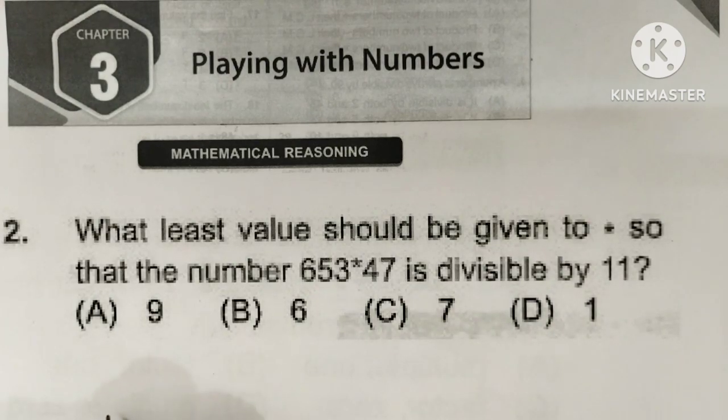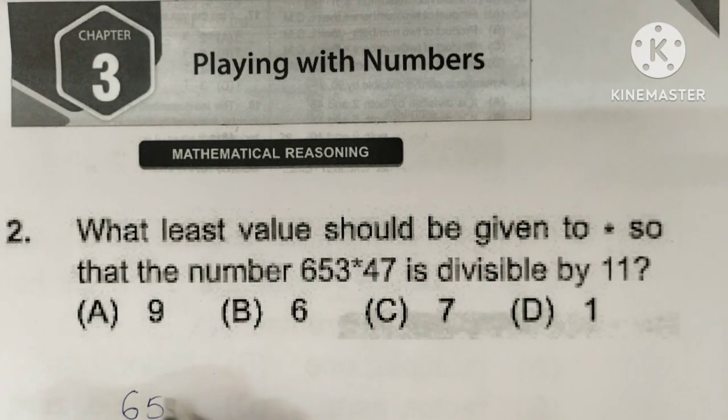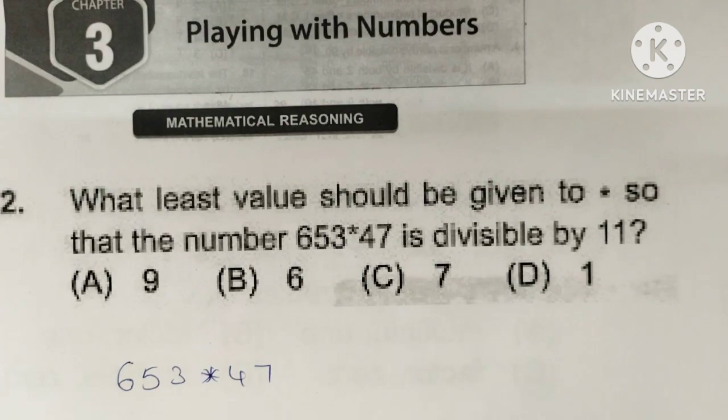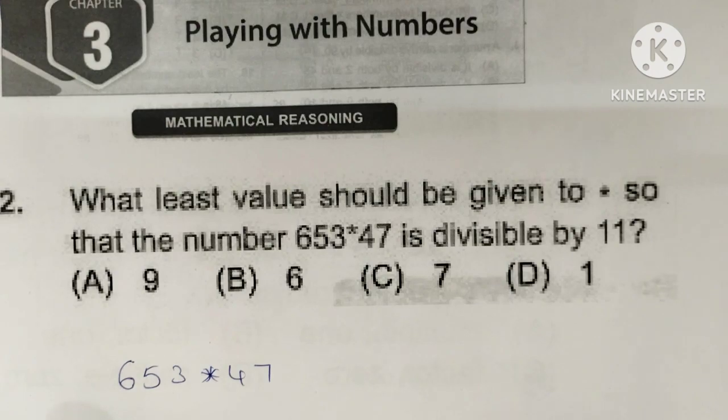So, first I am taking 653 star 47. Sum of the digits at odd places.